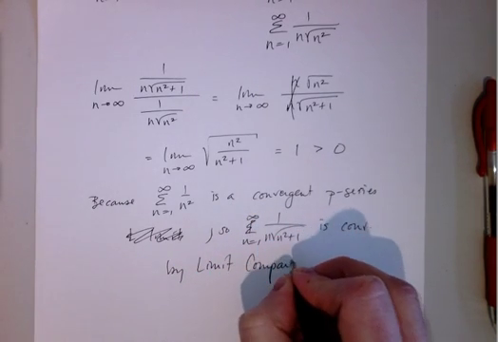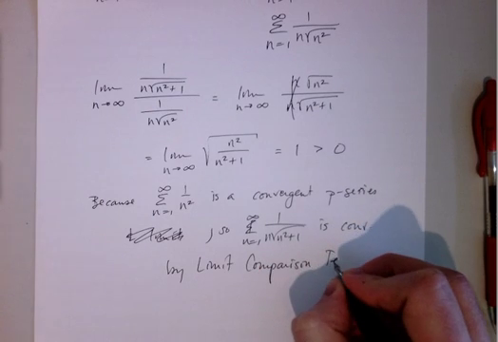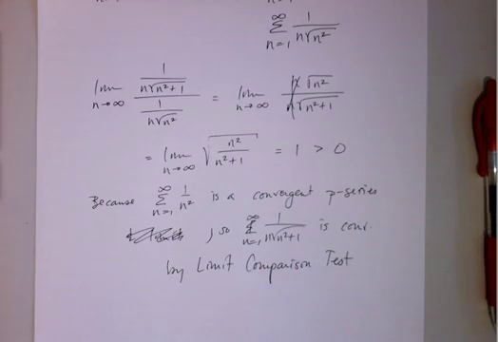Sorry, my handwriting today is horrible, but you guys are used to it. Okay. And you would just state why the original one is convergent, tell what test you used, and tell the conclusion that you come to as a result.